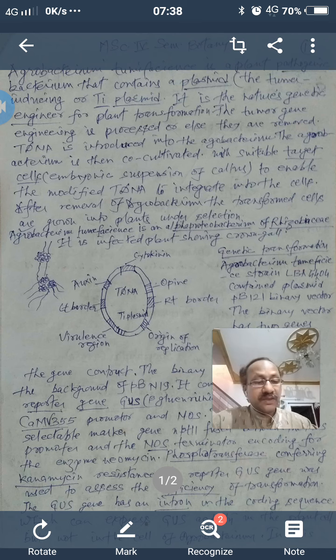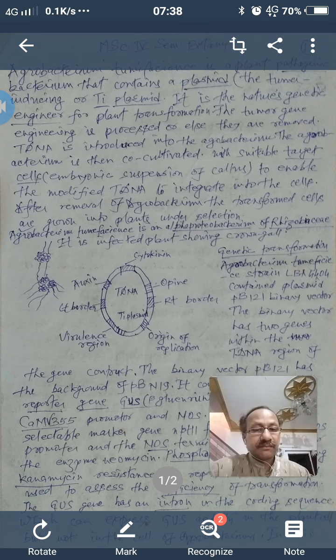The tumor genes are removed. T-DNA is introduced into the Agrobacterium. The Agrobacterium is then co-cultivated with suitable target cells, an embryonic suspension or callus, to enable the modified T-DNA to integrate into these cells.